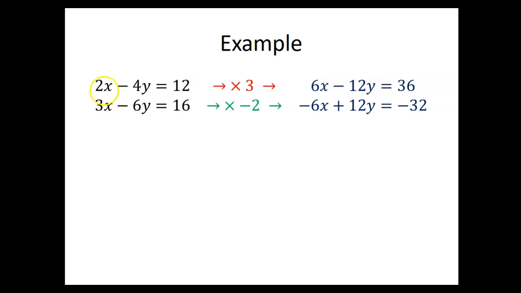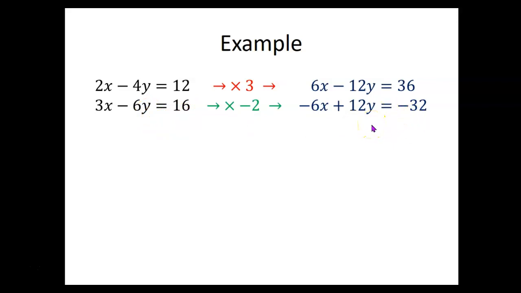So when I do that, everything on the top equation gets multiplied by 3, and I end up with 6x minus 12y equals 36. Everything in the bottom equation gets multiplied by negative 2. So I end up with negative 6x plus positive 12y equals negative 32.